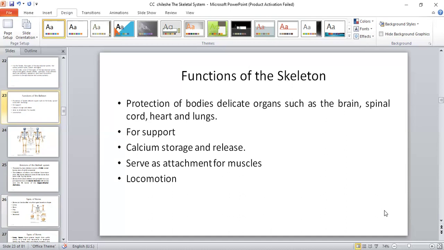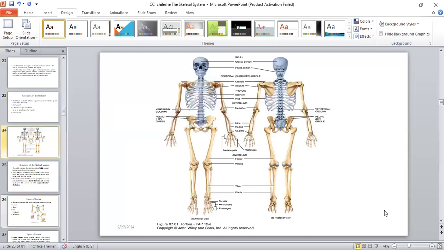It's because of bones that we are able to move from one place to another. The other function is storage of minerals such as calcium, which is released every time it is needed. If it is low in the blood, there's release of this calcium from the bones.